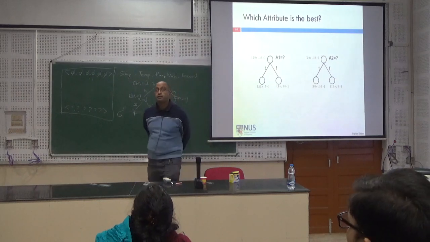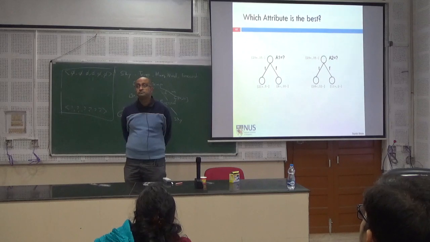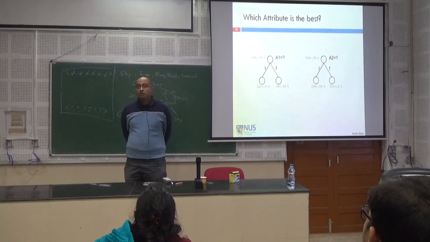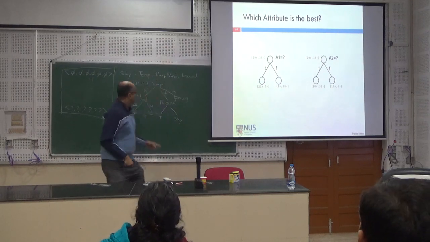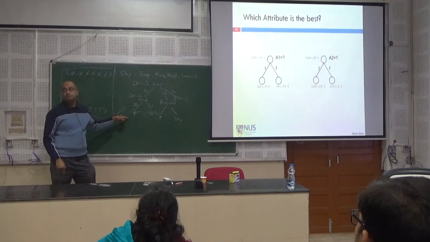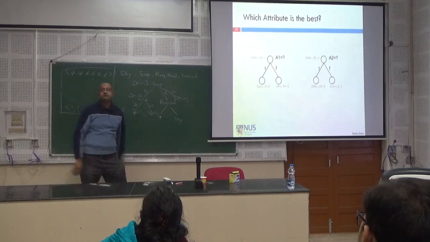Actually there is a difference between these rules and those hypotheses, which we initially studied. Ultimately, this will be one hypothesis, or you can think of the whole tree as a hypothesis.